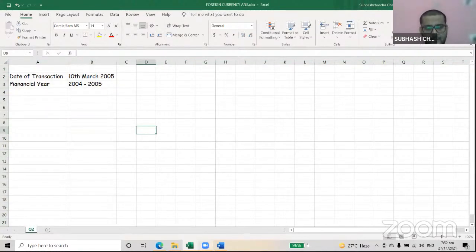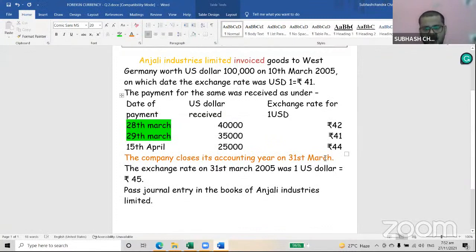Okay, now come to the question. As on 31st March, the closing rate is 45, and the exchange rate as on the respective date of payment is also given. What we are supposed to do is pass the journal entry. Is the question clear to all?